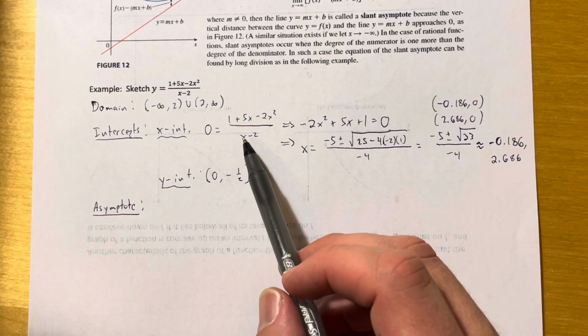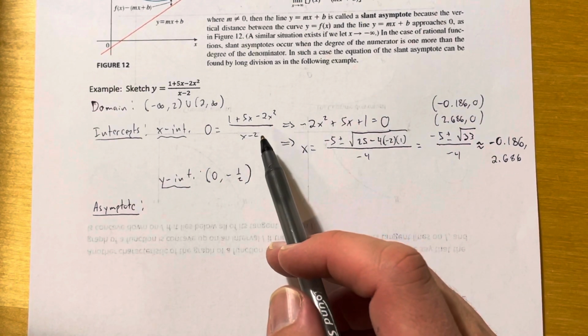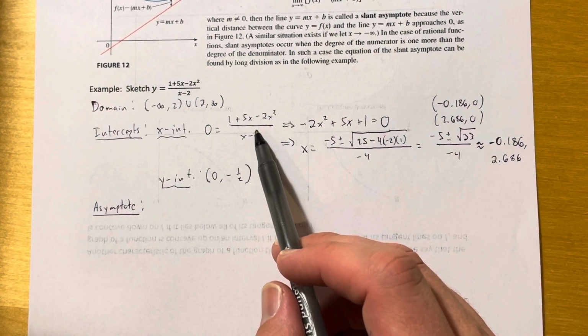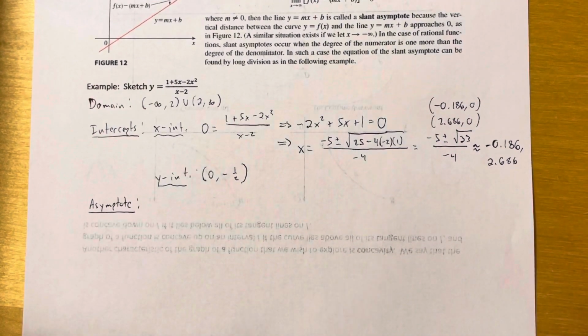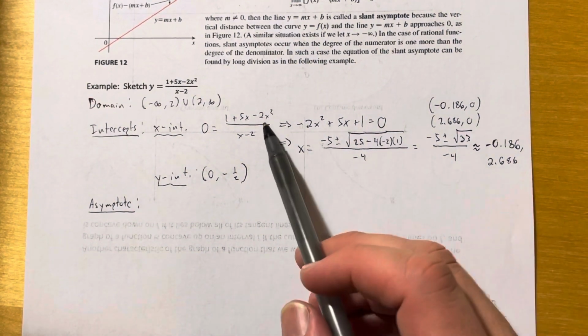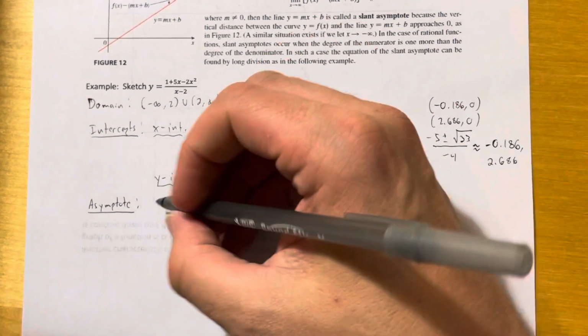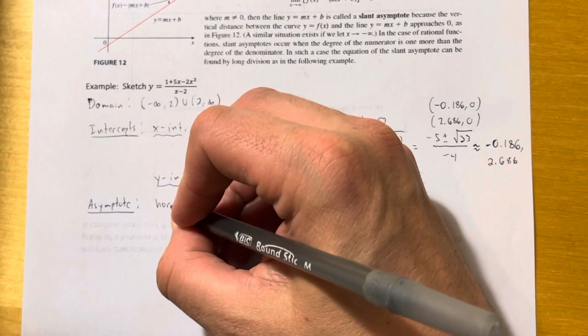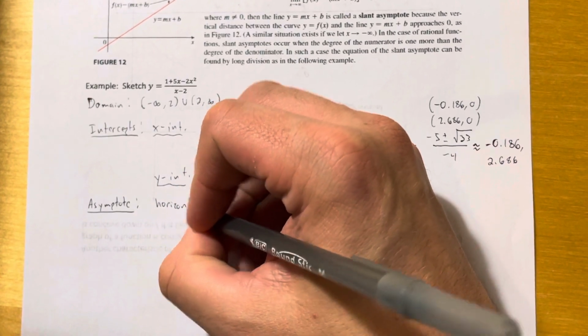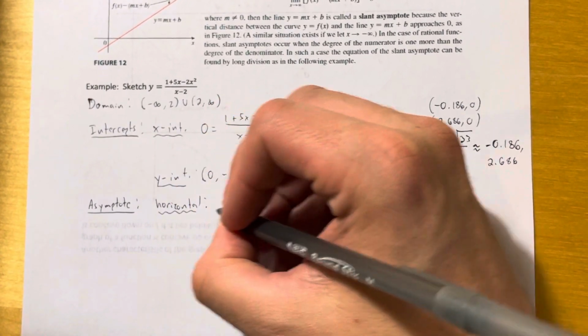That means that if I take the limit as x approaches either positive or negative infinity, this guy is going to go to either positive or negative infinity. It won't go to any finite number. And you can verify that using the techniques that we did from chapter 2 and how to evaluate those infinite limits. But I'm just going to note that there's no horizontal asymptotes. None.